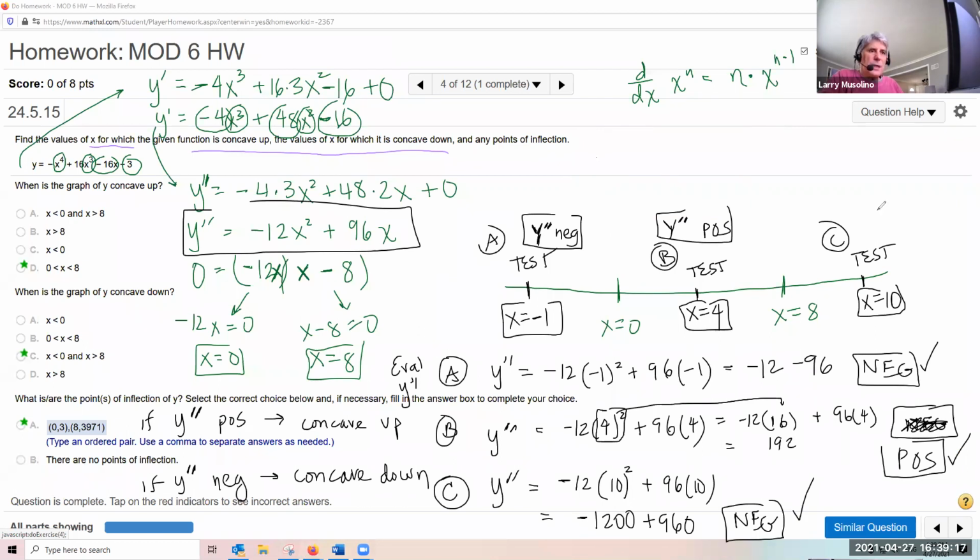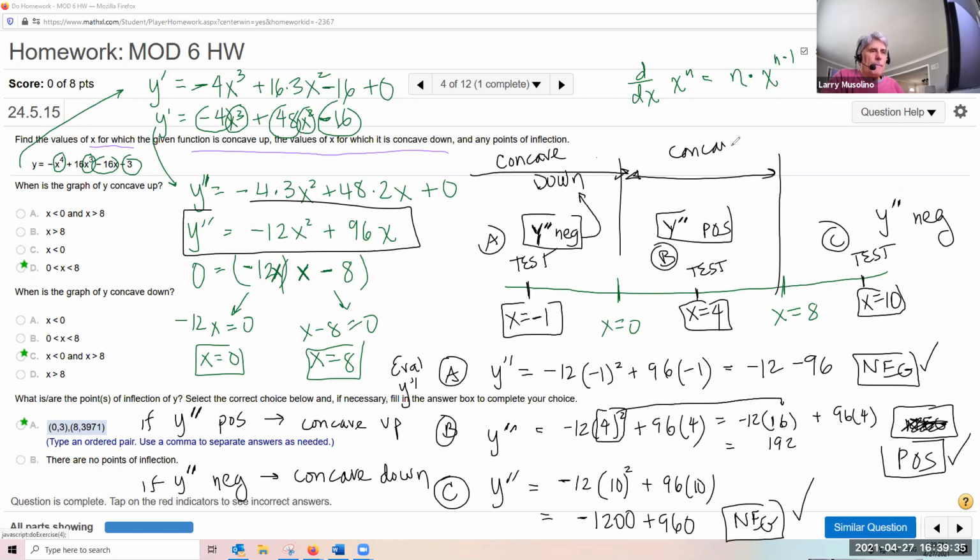Remember, when the second derivative is negative, that tells you concave down. So in the first interval, the graph is concave down. In this middle interval, the graph is concave up. And on the far right side, concave down.